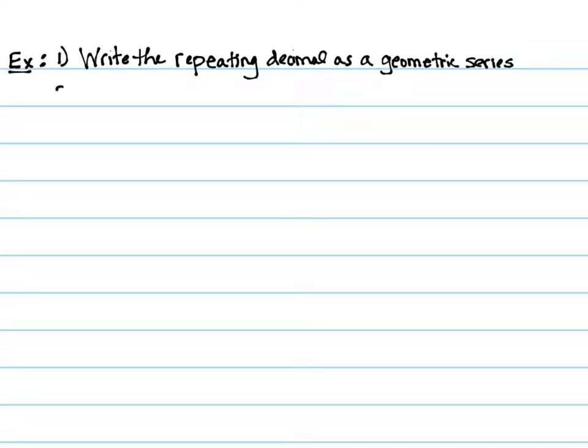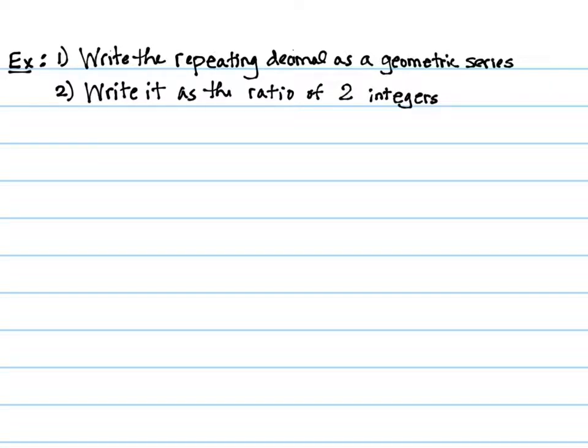And then the second thing we're going to do is write it as the ratio of two integers. And the value that we're going to start with in our example is 0.36 repeating.